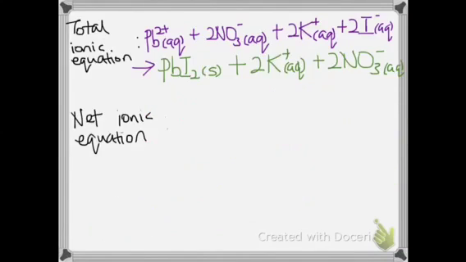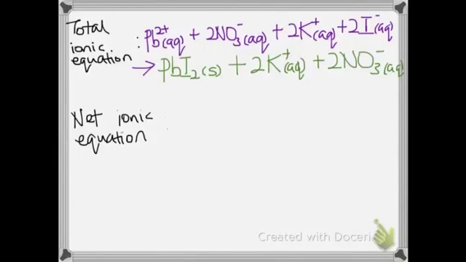Now, in the total ionic equation, there are also spectator ions. Why do we call them spectator ions? Because at the beginning of the reaction and at the end of the reaction, there is no change to these ions. Therefore, we call them spectator ions.